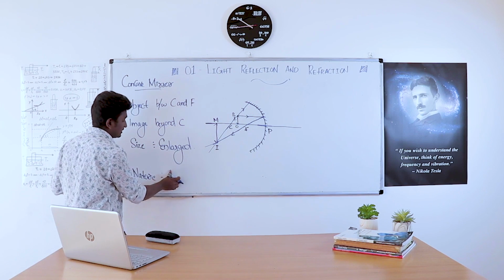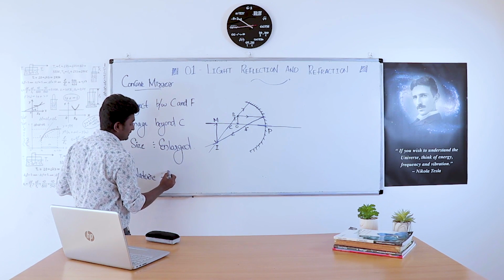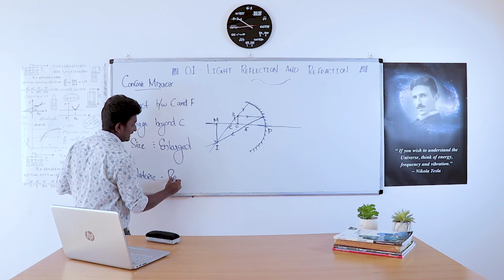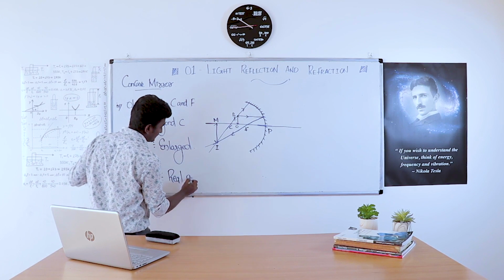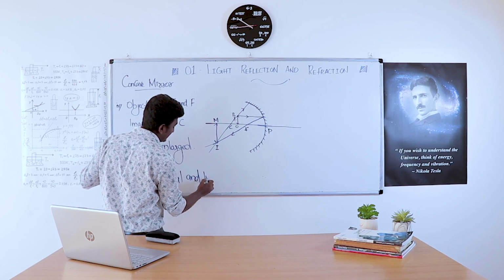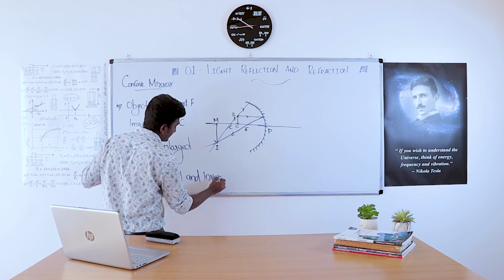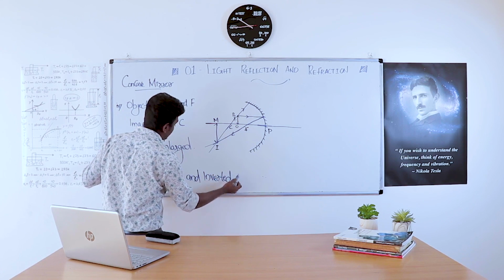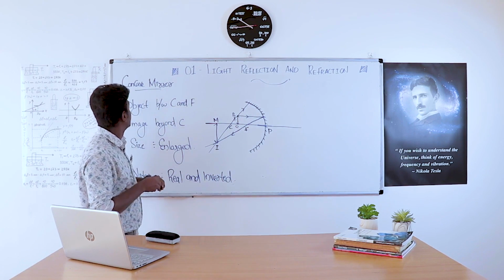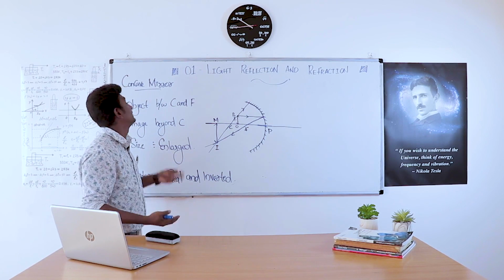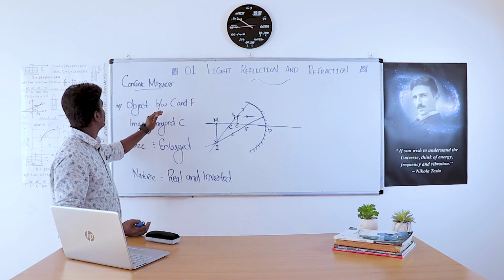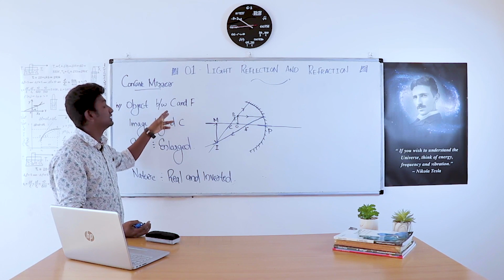Then what is the nature of the image? The nature of the image is real and inverted. So the reverse of the third case is the fourth one, just reversing the position of object and image.